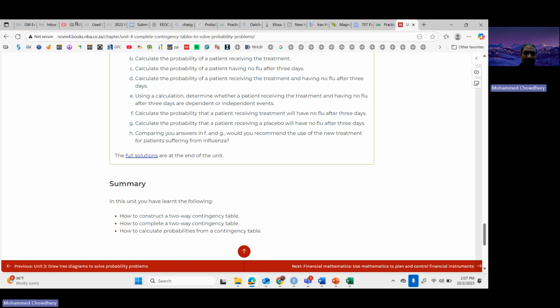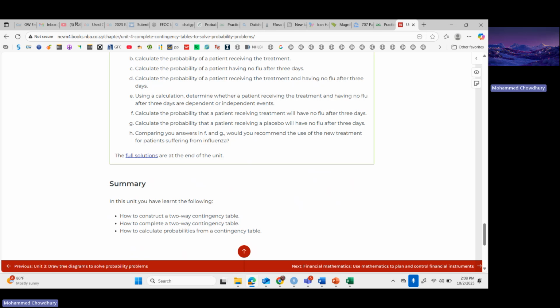Okay, could you tell me how can you solve this one? Calculate the probability that a patient receiving treatment will have no flu after 3 days.